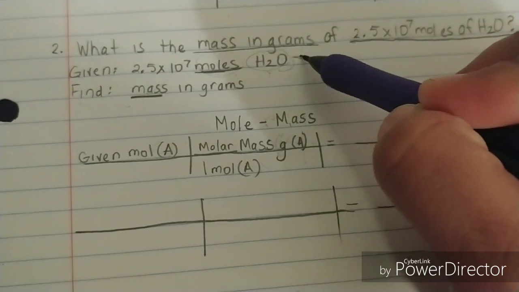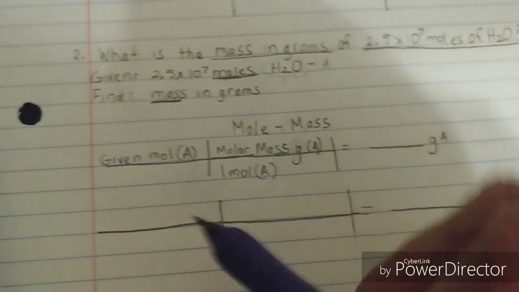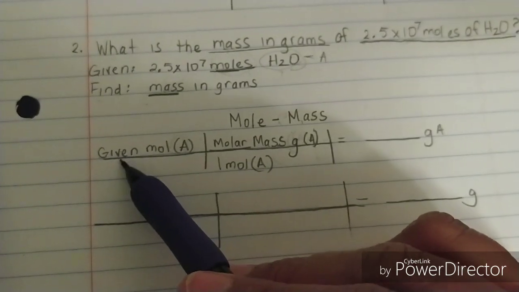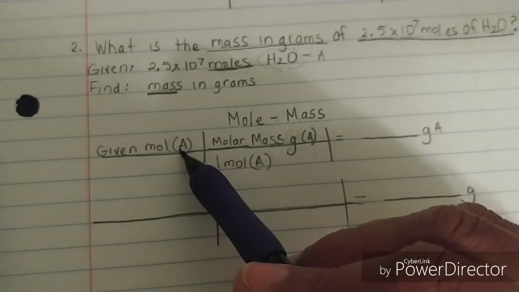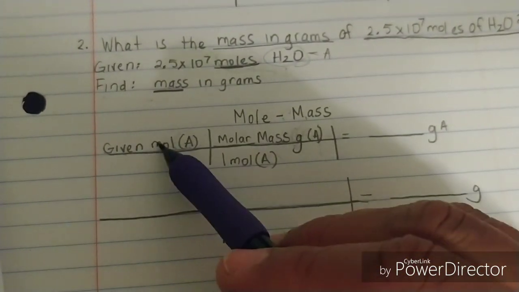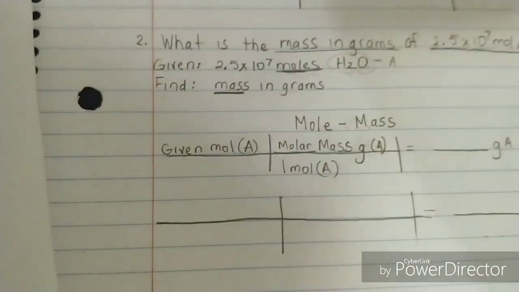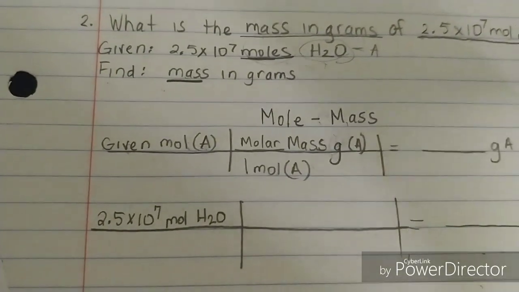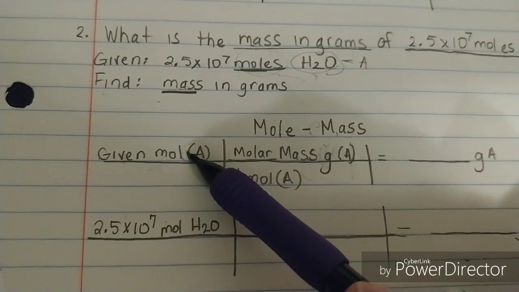So H2O is really representing A. Okay, so it's telling us to put the given in moles of A. So the given in moles of H2O. So this number right here goes here just like it does in the setup. Okay, so my given was placed here just like in the setup.